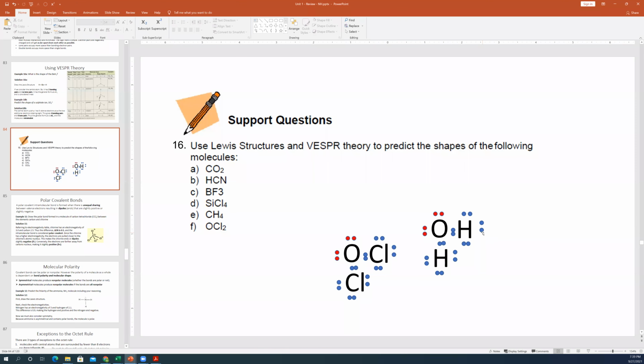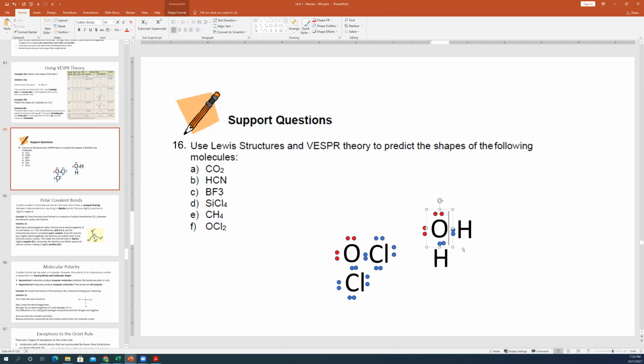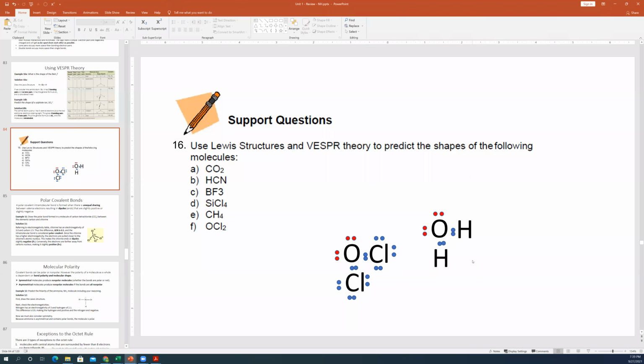Hydrogen doesn't have this many electrons. How many electrons does it have? One. One valence. Thank you. And then the other two lone electron pairs, they make the 2 in the E2.